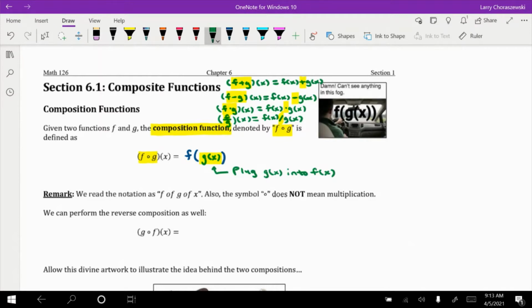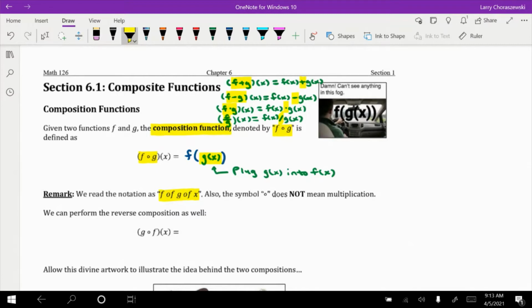Now, I normally don't say it as f circle g of x. I'll usually say it as f of g of x, or if it's reversed, g of f of x. But we have to be careful. You've probably learned that the word of means multiplication, and it does in certain contexts.